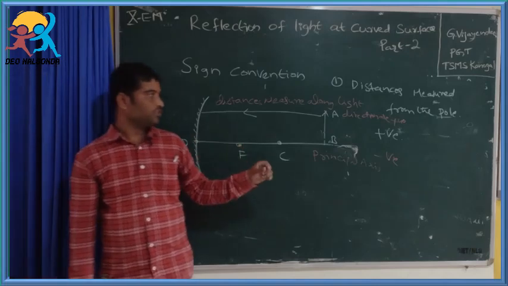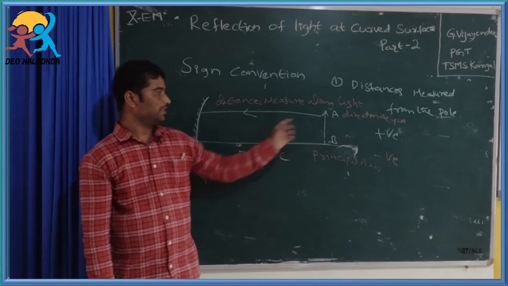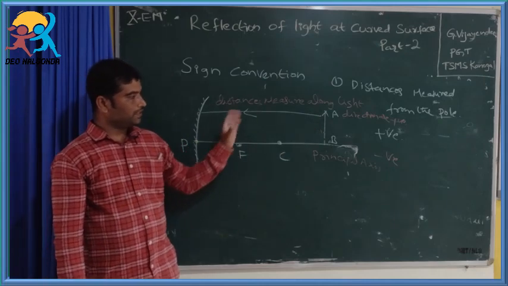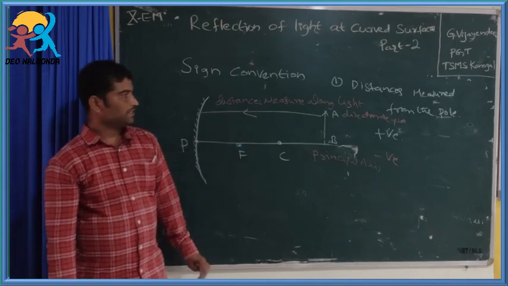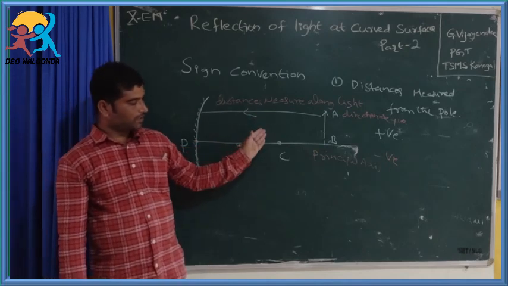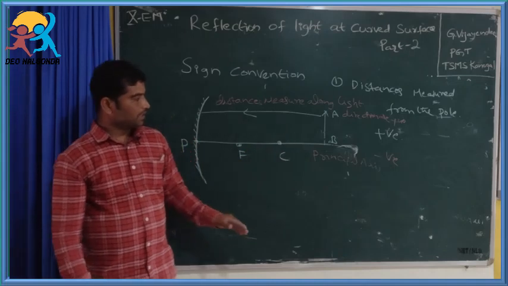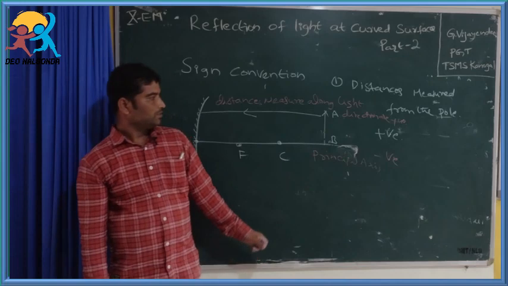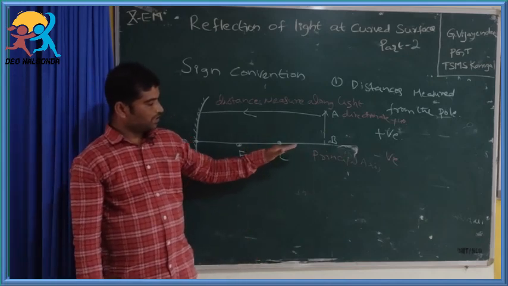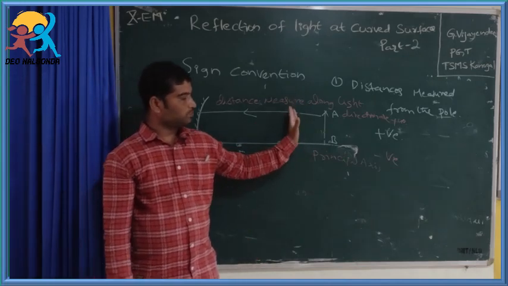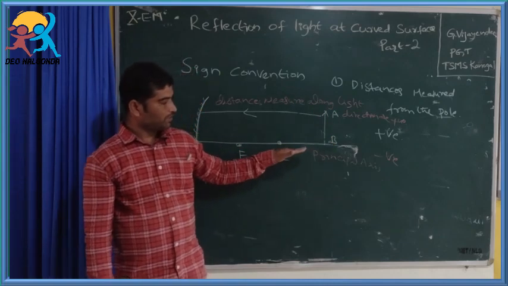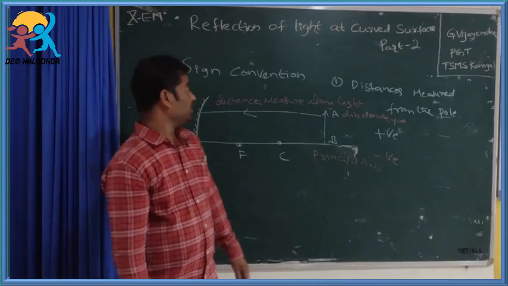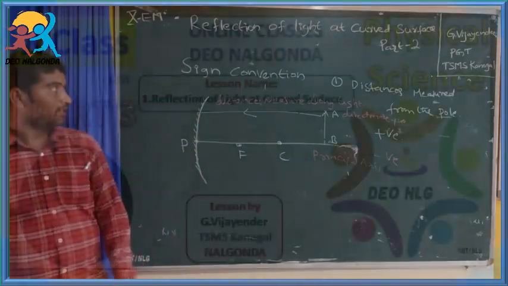The distances measured along the light direction are taken as positive, and the distances measured opposite to the light direction are taken as negative. Next, heights of the objects and heights of the image are always measured from the principal axis. Heights measured above the principal axis are positive, and heights measured below the principal axis are negative. These are the sign conventions. Okay, thank you.